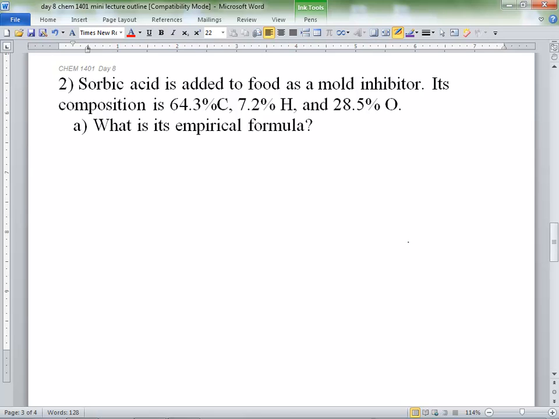And when you get to moles, make sure you carry at least 3 digits or so, because otherwise your ratios may not work out so well. So the less rounding you do, the better to get there.